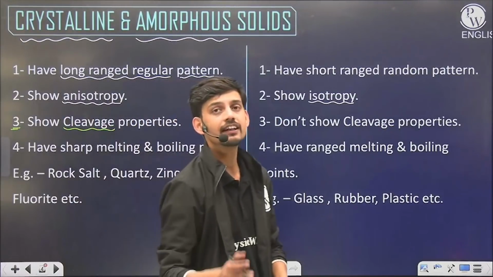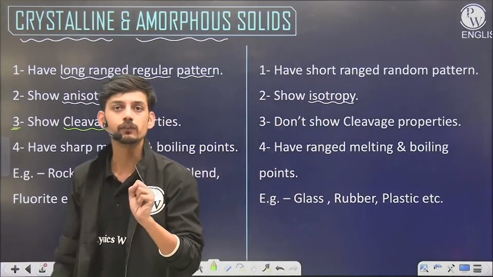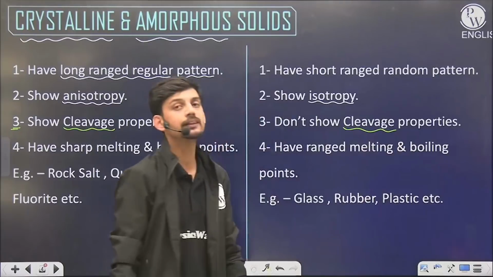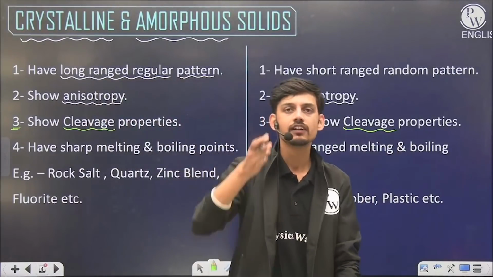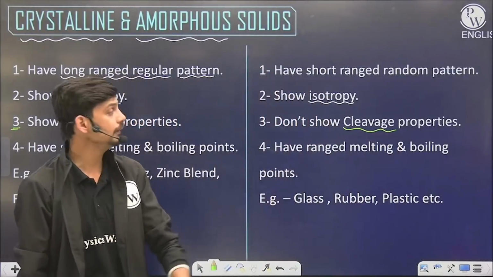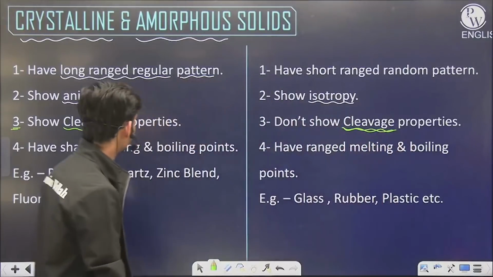While in amorphous solids, the cleavage property is absent because, due to their random pattern, when we cut them with a sharp tool, the surface produced will be quite rough. That's why they do not show cleavage properties.